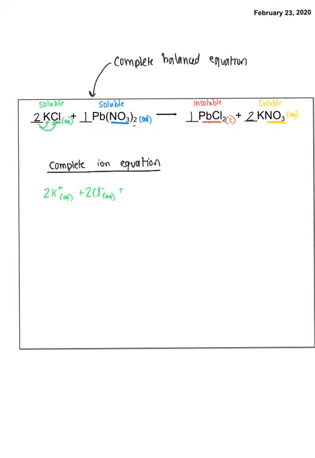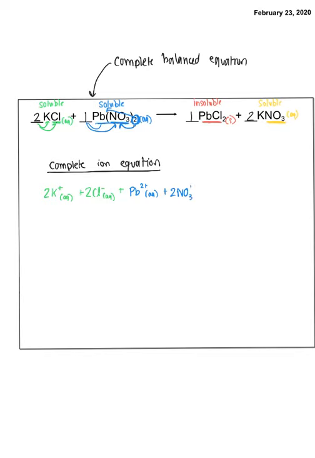Now let's go to the next one. This whole thing is aqueous. I have 1 Pb 2 plus aqueous, and that 2 came from over here. Plus, at this 2, I have 2 and then the 1, so really just 2 overall nitrates. So if you have a little subscript outside of the parentheses, that applies to whatever's in the parentheses.